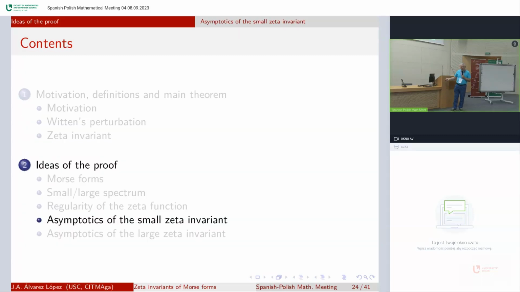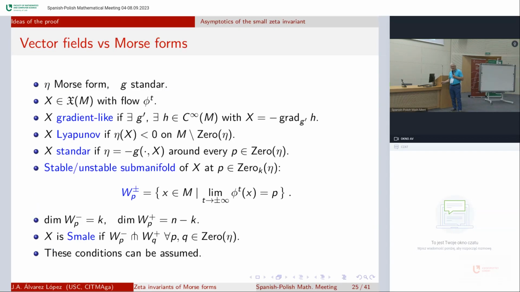Now let's see how are the asymptotics of the first small theta function. Okay. So take a small form, eta, and suppose that the metric is standard.